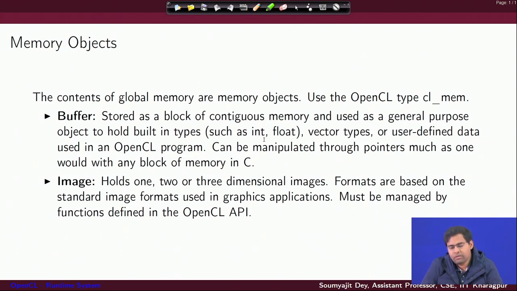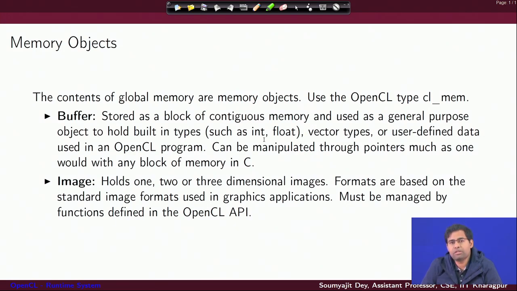The other thing is image. In OpenCL you have a separate memory type defined for images, which is useful for holding multi-dimensional images up to 3 dimensions, and the formats are based on standard image formats. So, you have support for different standard image formats.